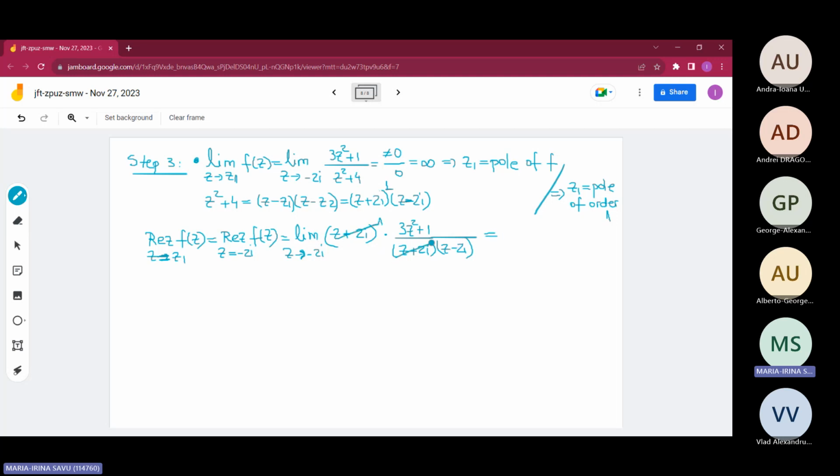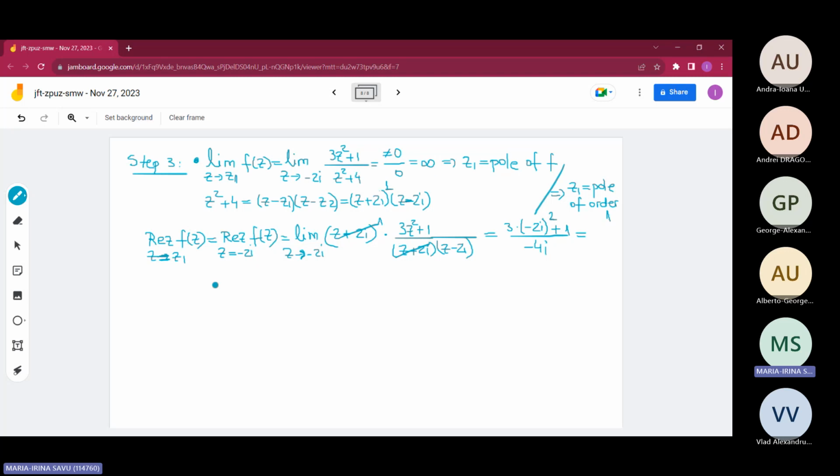You do the simplification and minus 2i squared. Minus 2i squared is minus 4, or minus 1 times 4.